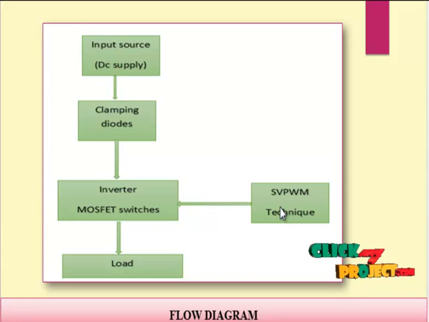This block generates the pulses and these pulses are fed to each MOSFET switch, and then the inverter starts the DC to AC conversion. The load may be an AC load. In our product we are using traction control AC loads.